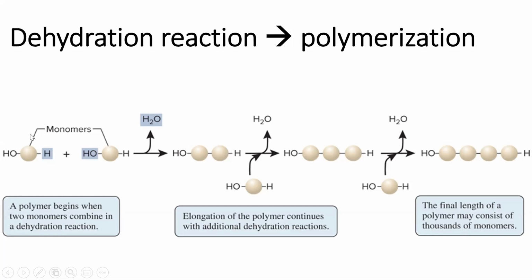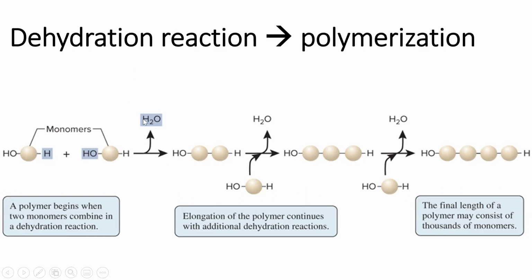So basically you're taking the individual monomer here, the individual monomer here, and linking them together, so you're forming this bond. And the reason it's called a dehydration reaction is because you are losing a water molecule in order for the bond to form.